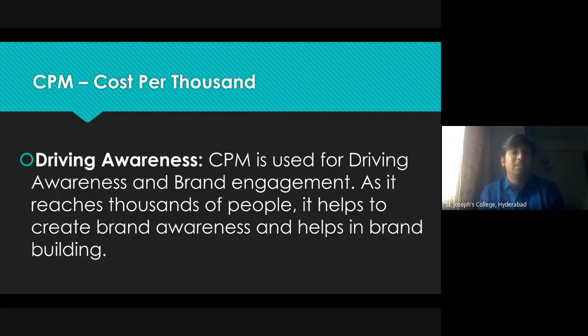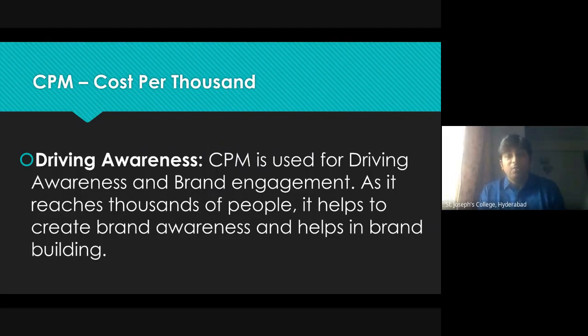He wants to purchase the brands which are talked about by everyone, where he has already used a particular brand. So CPM is used to create brand engagement. People are talking about your brand. People are viewing your brand. When they are in need of any particular product in the future, they might immediately think about a particular product and they may go and purchase it.